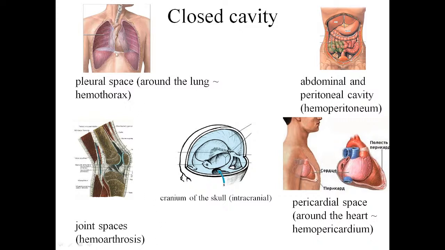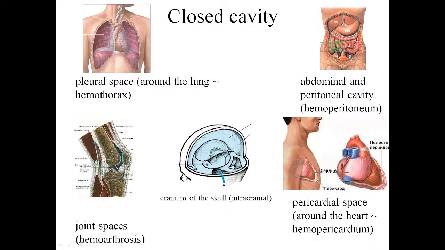First, the pleural cavity, the pleural space around the lung. The pleural cavity is not connected with the environment. The second cavity is the abdominal and peritoneal cavity. It's the same: this space is not connected with the environment.